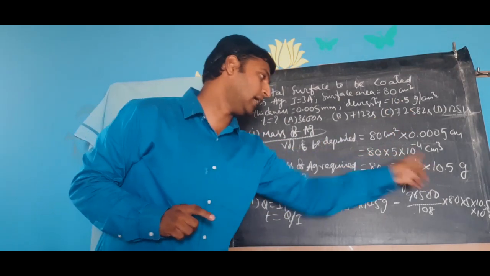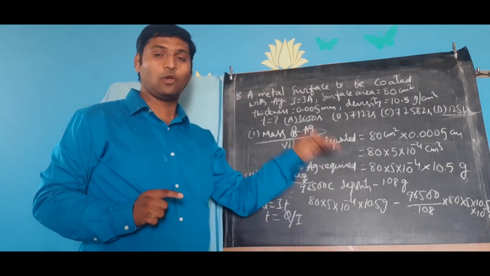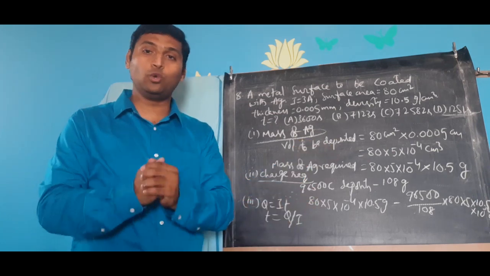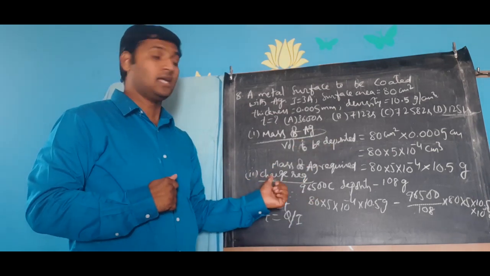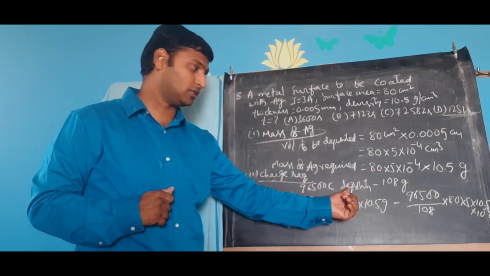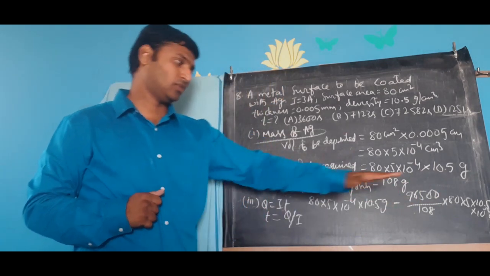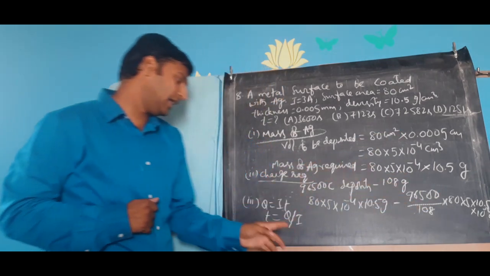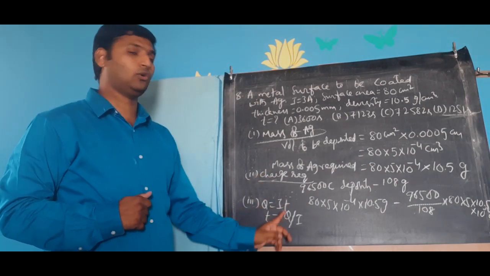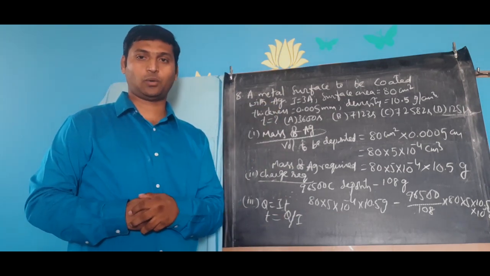Using density and volume required, we have calculated mass of silver required. Now we know the quantity of silver required. Now to deposit that much quantity, how many coulombs needed is the second problem. Now 108 grams requires 96,500 coulombs to deposit. So many grams requires how many coulombs to deposit. That we have identified. After finding out the charge required, you know very well charge is equal to current into time. So time is equal to charge by current. Substitute, get your answer.